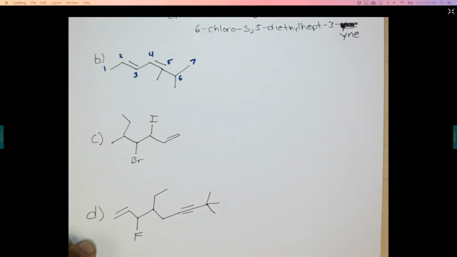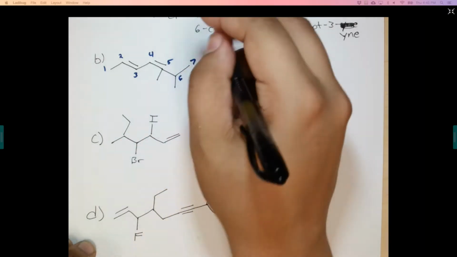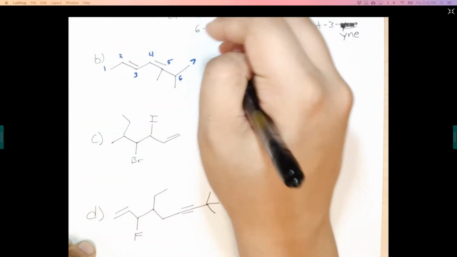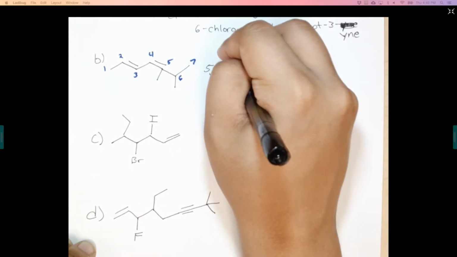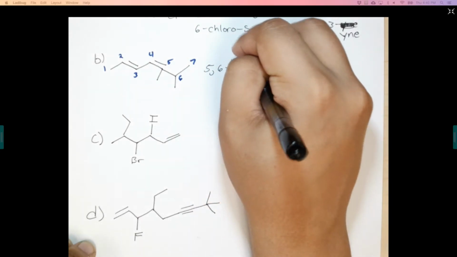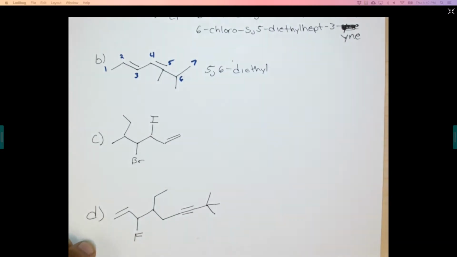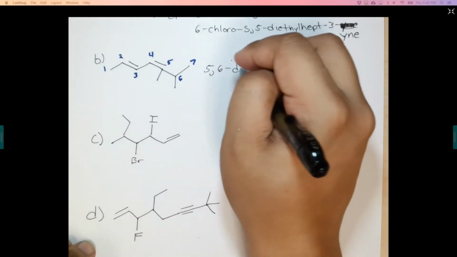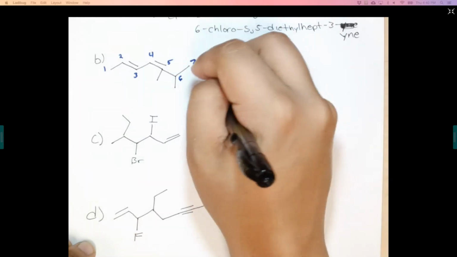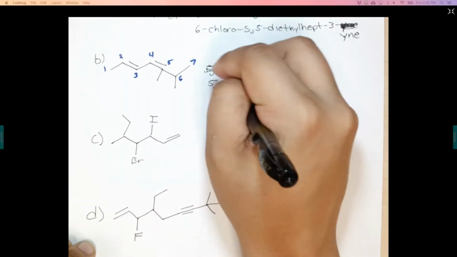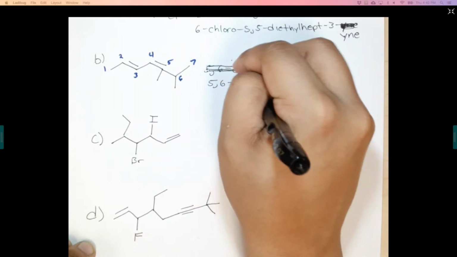So since we only have two substituents here, side chains, we have 5,6-dimethyl, right? 5,6-dimethyl.